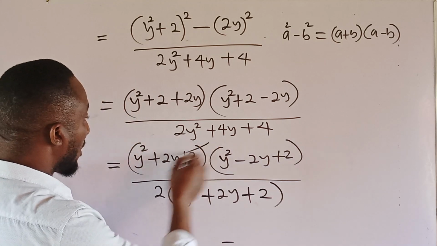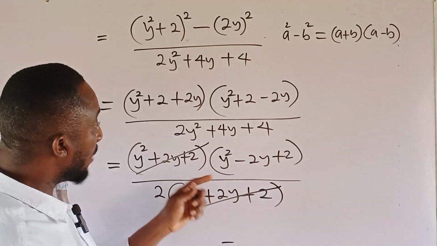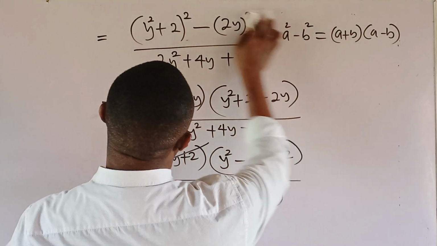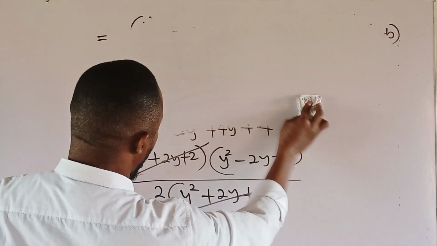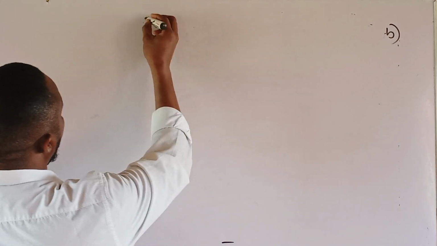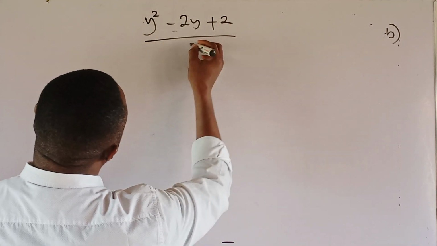So as you can see, this factor on the numerator cancels out. So we are left with y squared minus 2y plus 2 all upon 2.